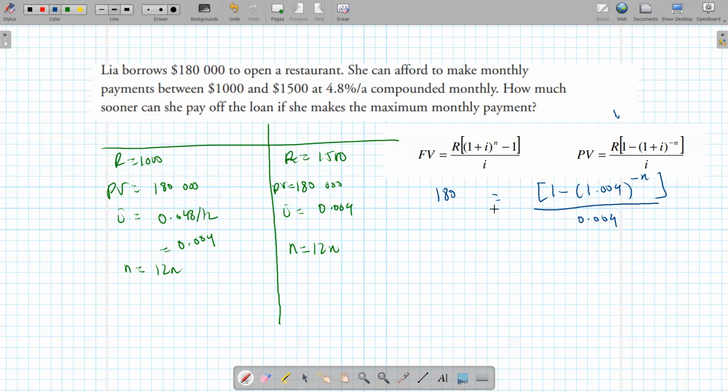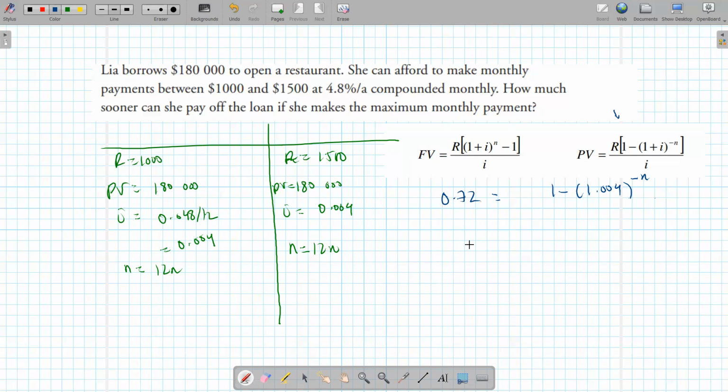You can, but you don't even have to write the bracket at this point. Do you multiply by 0.004? Yes. So 180 times 0.004 gives 0.72. All right, what's next?